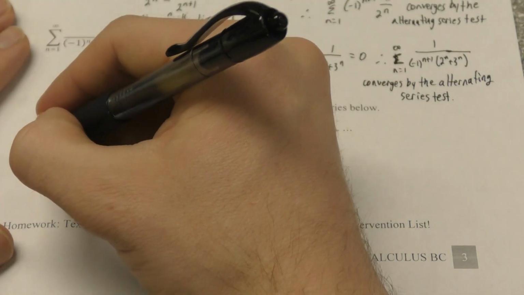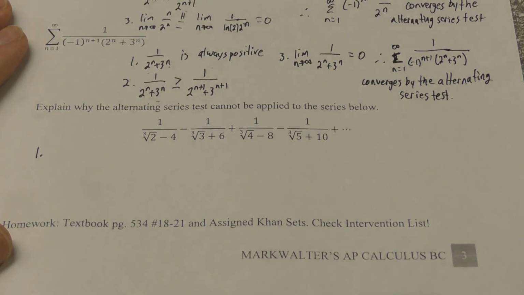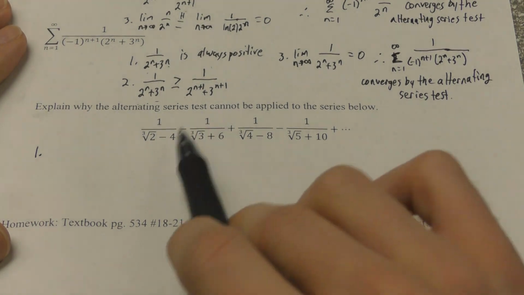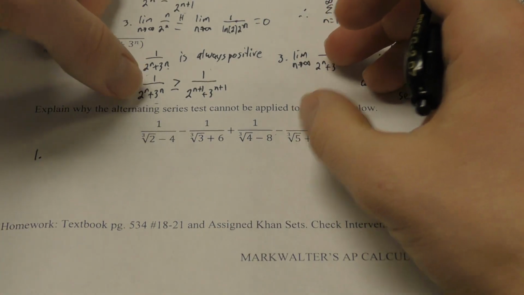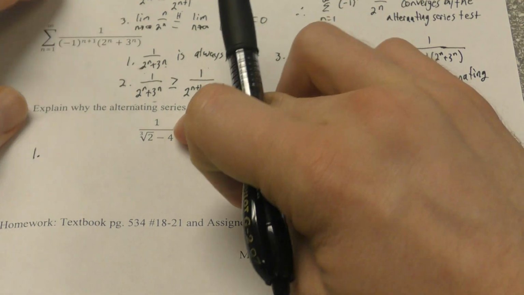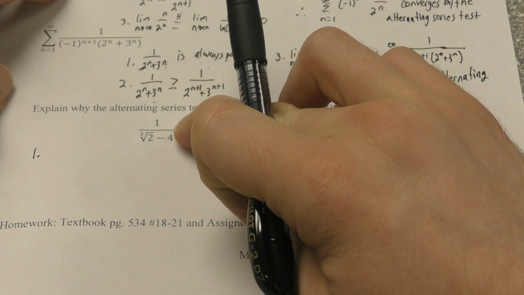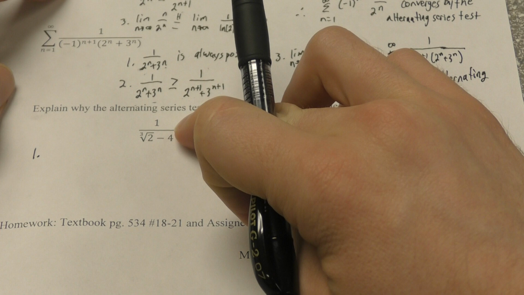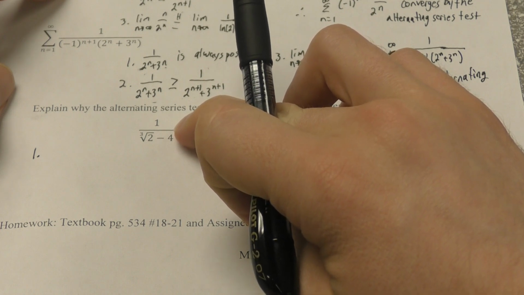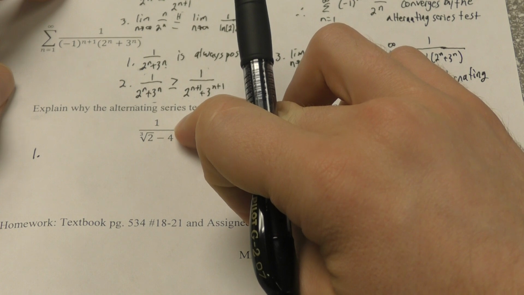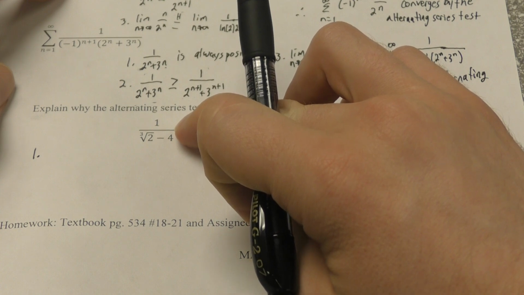Okay, so we need to check everything, right? We need to make sure each term without the sign is going to be positive. It looks like it's alternating, but sometimes these things are set up to fool us here. So it looks alternating, but let's ignore the sign. That first one, 1 over the cube root of 2 minus 4. Huh. Cube root of 2 is pretty small. Minus 4.